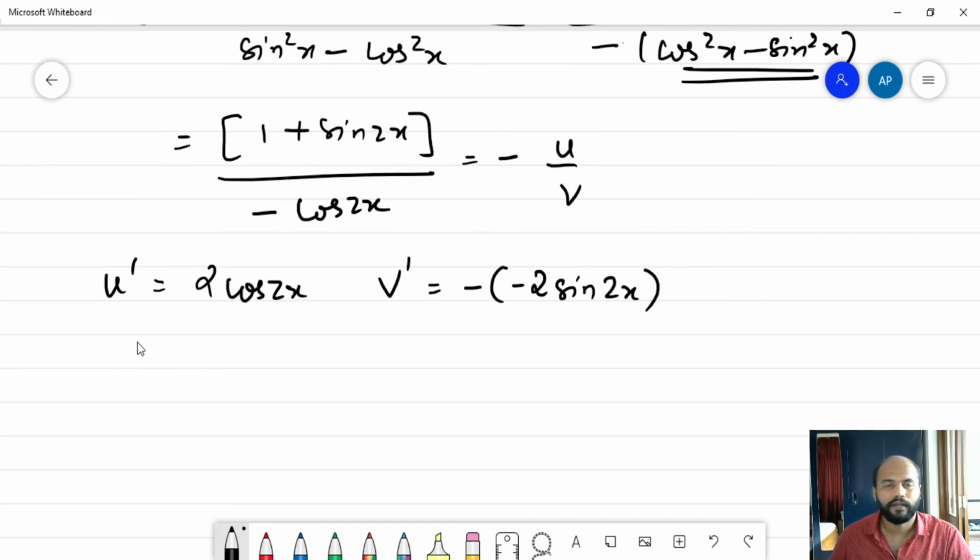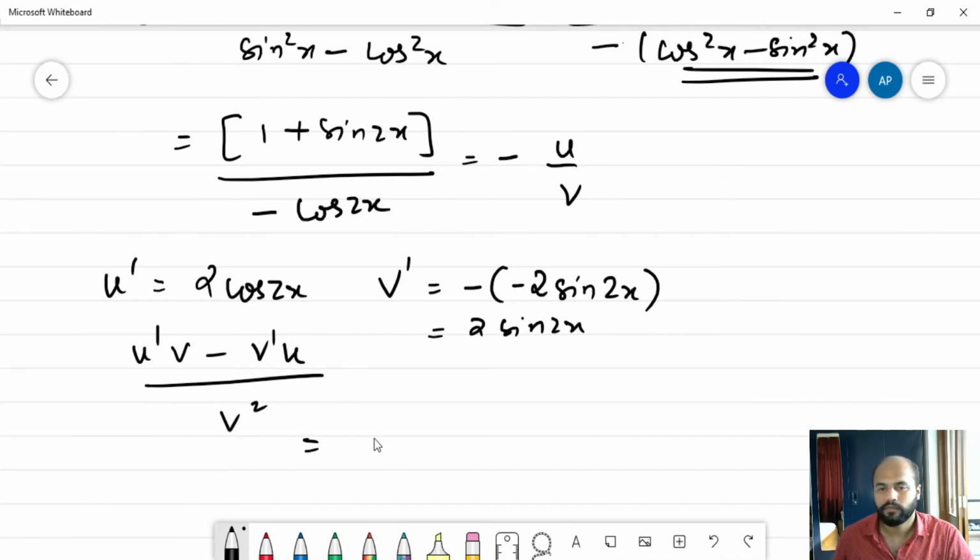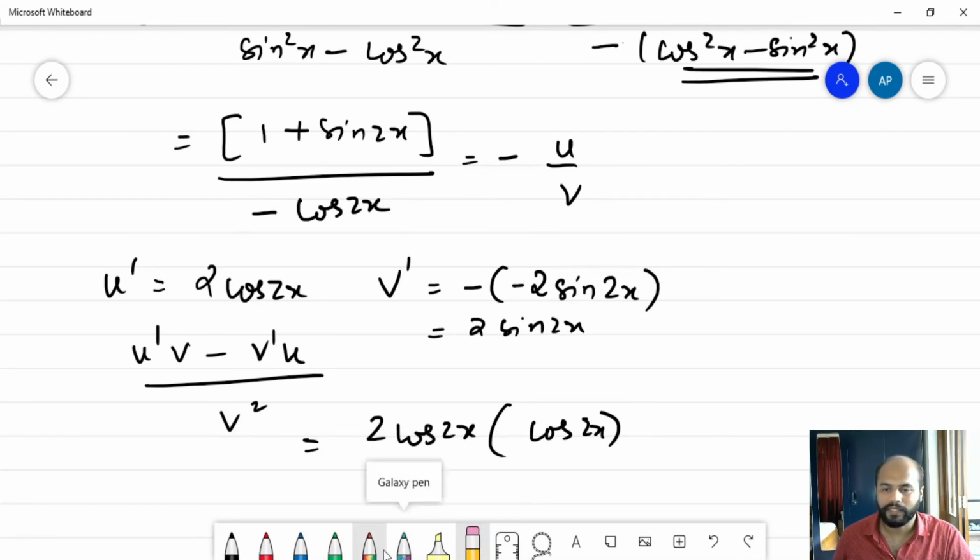So overall now we can write the derivative as u dash v minus v dash u divided by v square, which is going to be u dash, 2 cos 2x, into minus cos 2x. What we can do is take the minus sign straight away out.